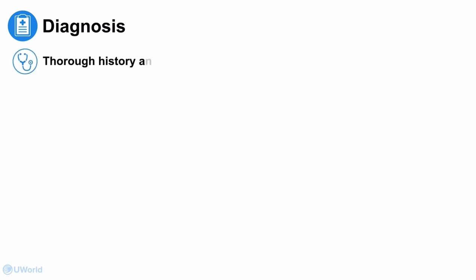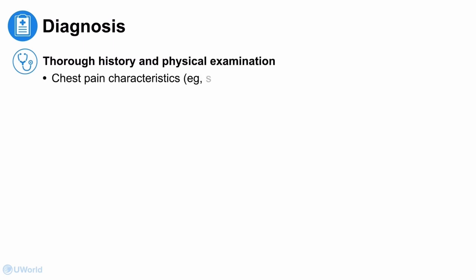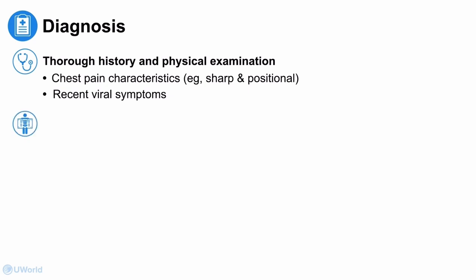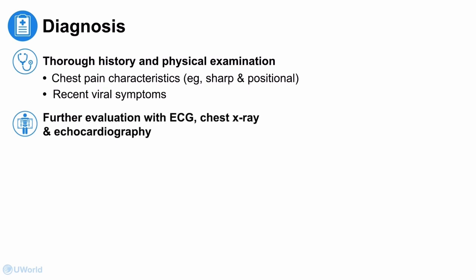A thorough history and physical examination focusing on chest pain characteristics, positional exacerbation, and associated symptoms such as viral prodrome are key to diagnosing pericarditis. Patients suspected of having pericarditis frequently undergo further evaluation with ECG, chest X-ray, and echocardiography.